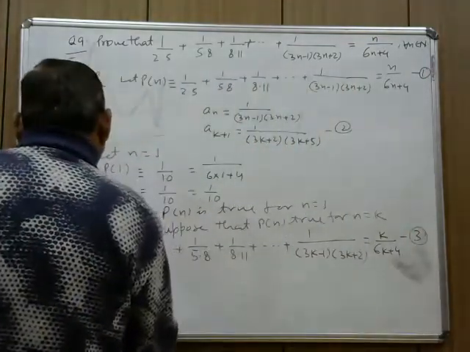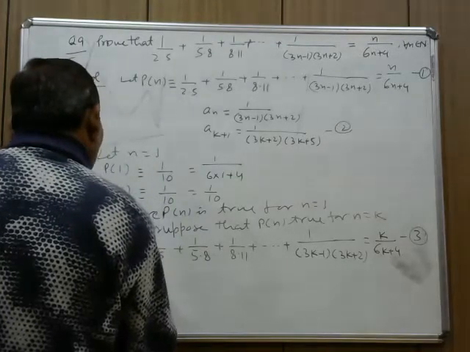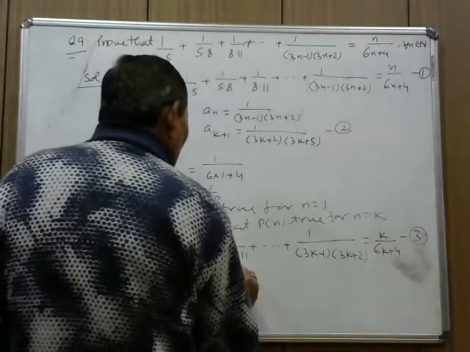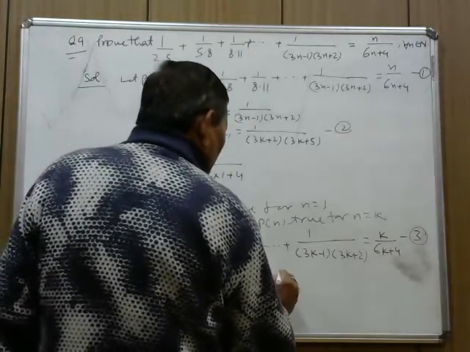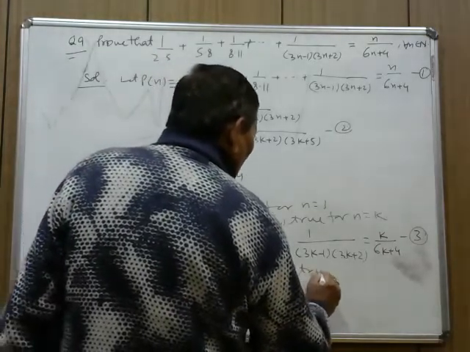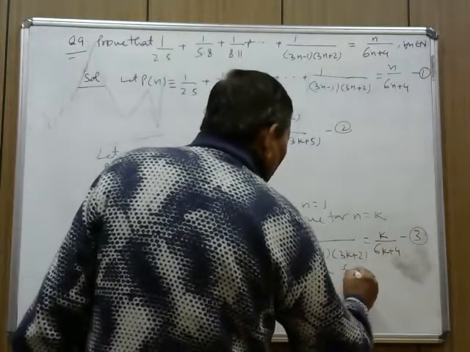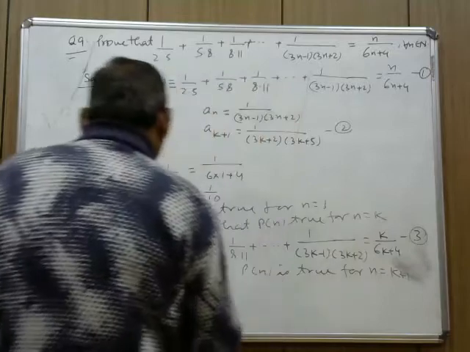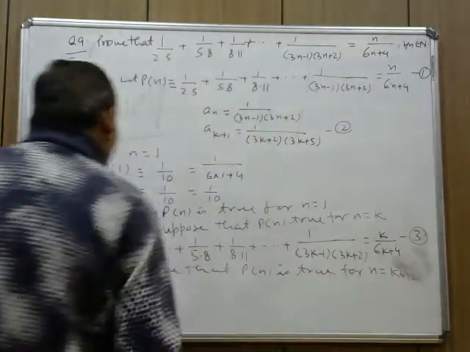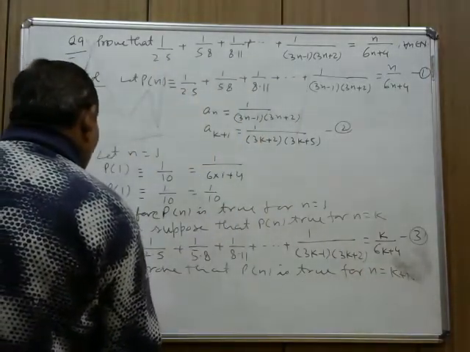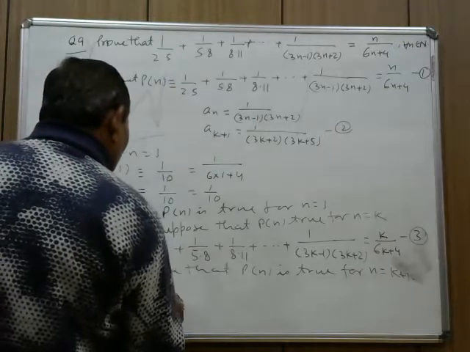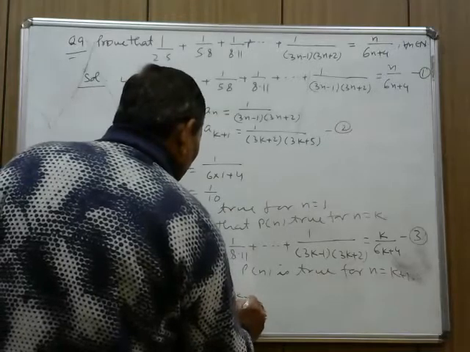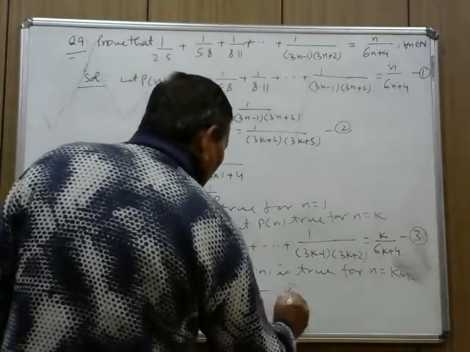We will prove that Pn is true for n equals k plus 1. So P k plus 1 is equal to P of k plus a k plus 1. This is 4.